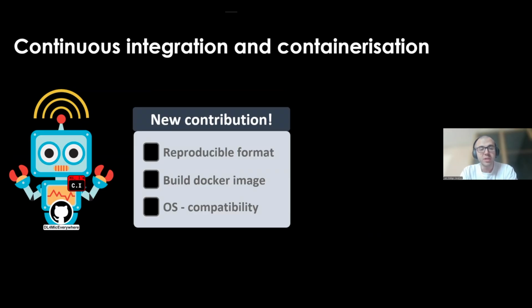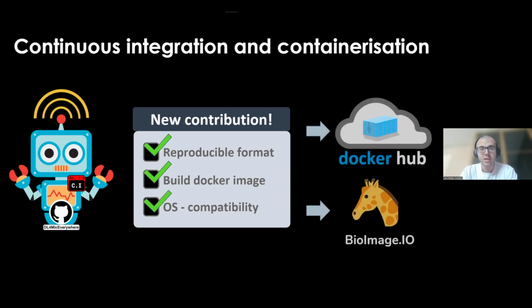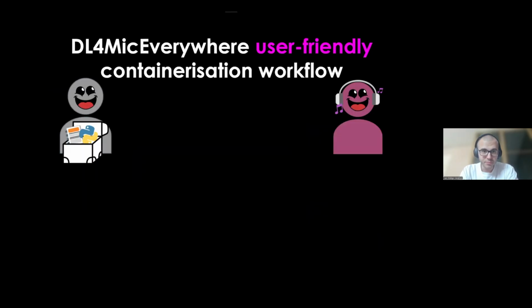And at the end, it will check that it works, as I was saying, in different operating systems, in Linux, Windows, or Mac. So it's really reproducible in all the possible scenarios. So once all those things are checked, it will take it and upload it, as I was mentioning, to Docker Hub and the Bioimage Model Zoo. So it's accessible through different platforms.